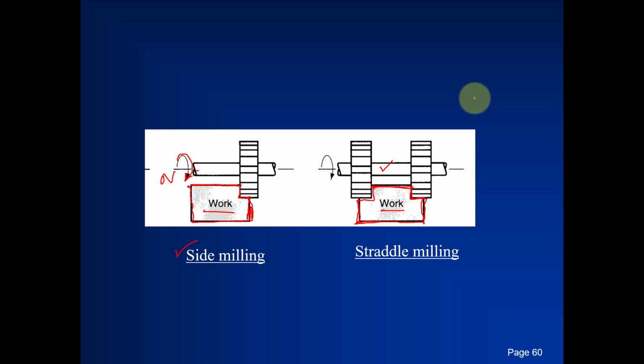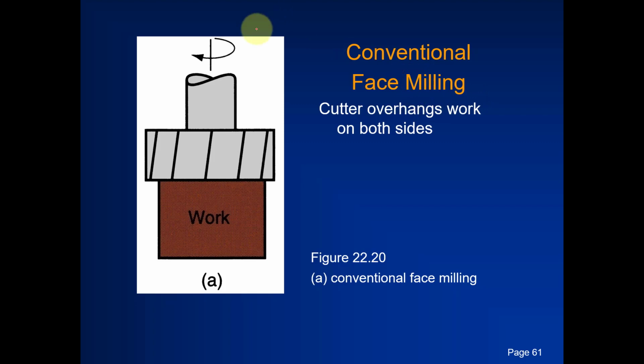So I am going to move toward face milling. The first type of face milling is conventional face milling. It is actually the same: you can see the width of the cutter exceeds the width of the workpiece. But now you can see that the axis of rotation of the cutter is perpendicular to the surface. Clear?